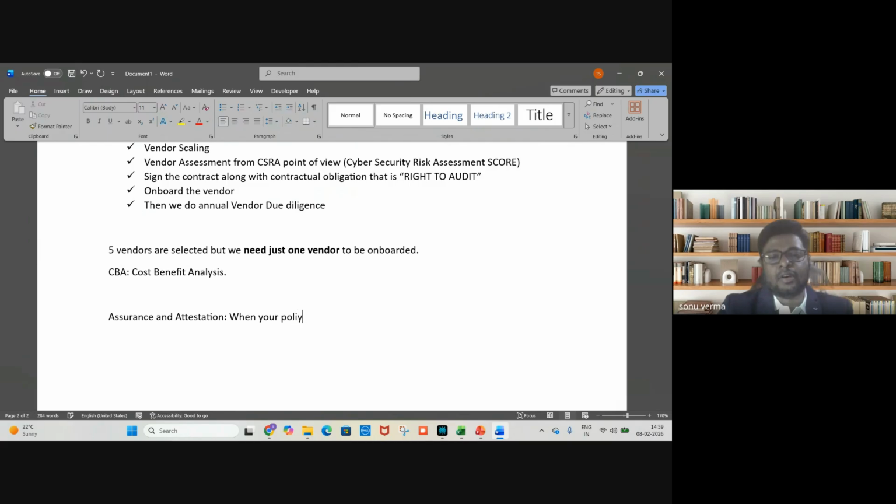When the policy of the organization is audited by an independent auditing firm, and the certificate of attestation comes in the form of an ISO 27K certificate, or a SOC 2 audit report, or NIST CSF 2.0.